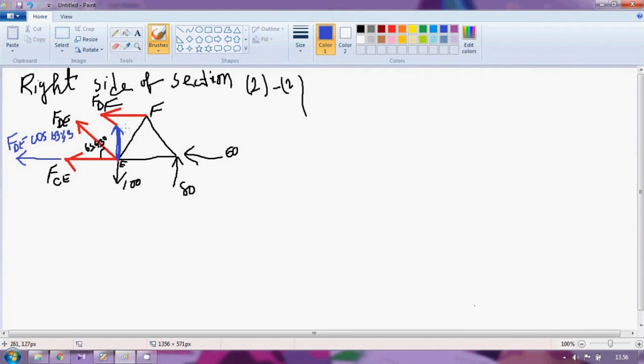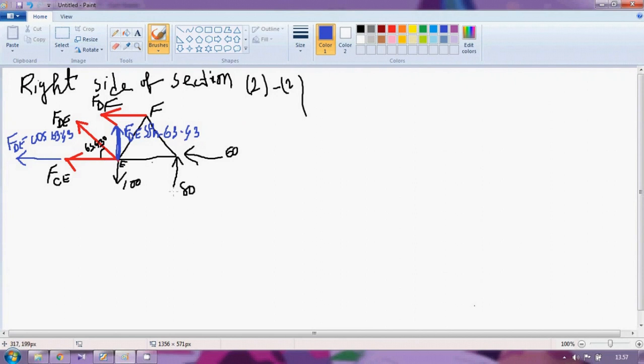And this force will be FDE sin 63.43. I have taken the perpendicular component and horizontal component in such a way that the angle between the perpendicular component FDE sin 63.43 and the horizontal component FDE cos 63.43 is exactly 90 degrees.